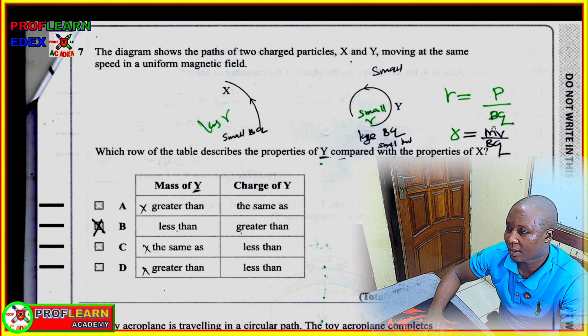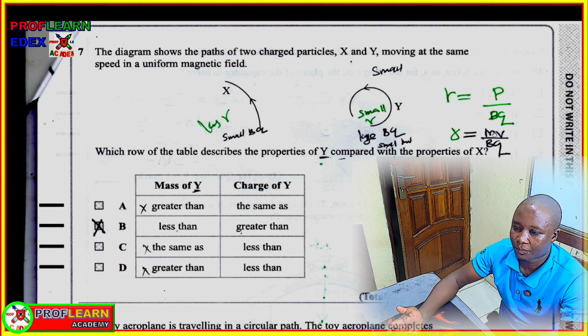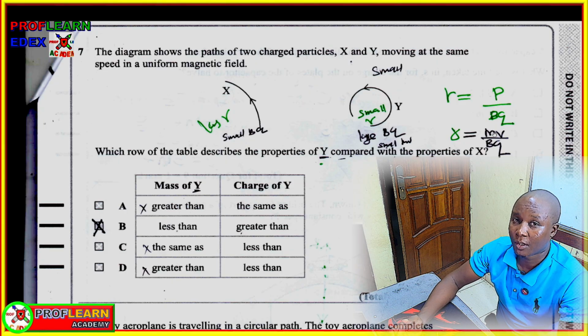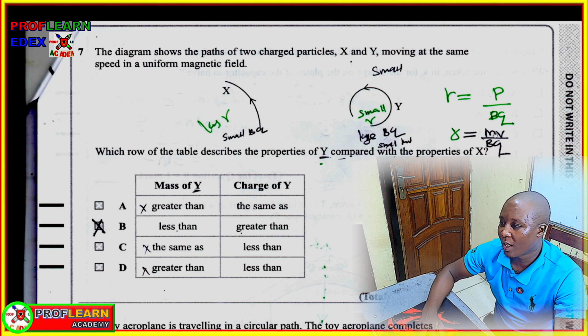If the mass is less, we are going to have less momentum, because the objects are moving at the same speed. The only way to reduce the momentum is by having a smaller mass, and when you have a small mass, you have less momentum.